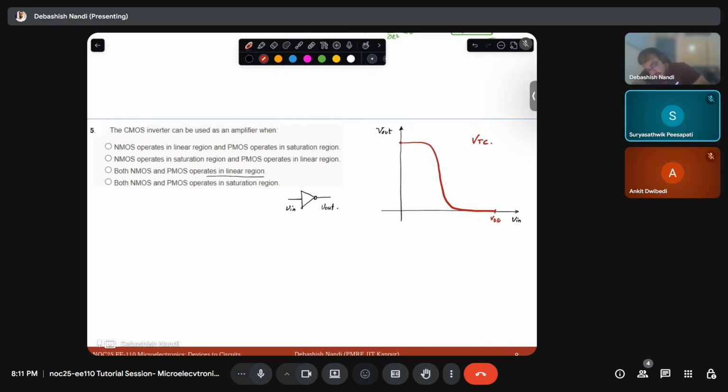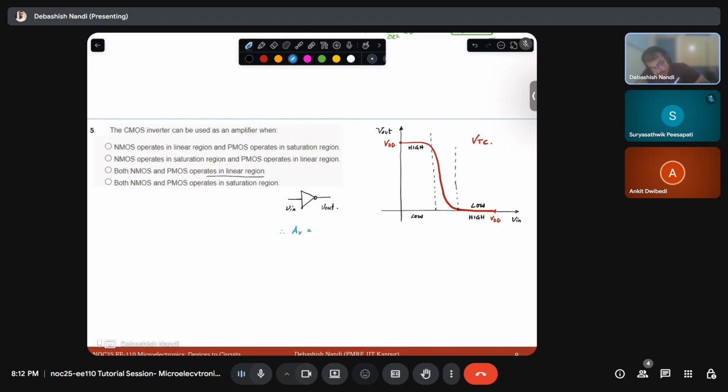So that means what? When you have a low input, your output is high. When you have a high input, your output is low, right? Yes. So what is the gain? What is gain?